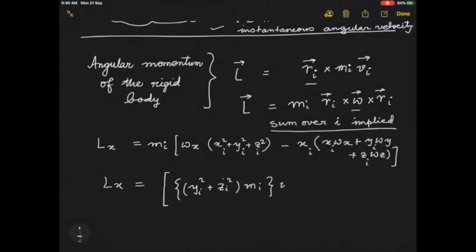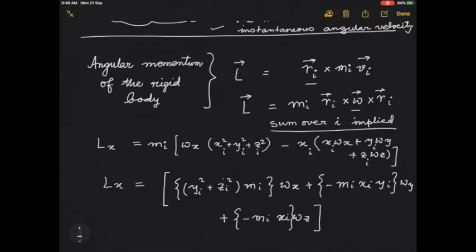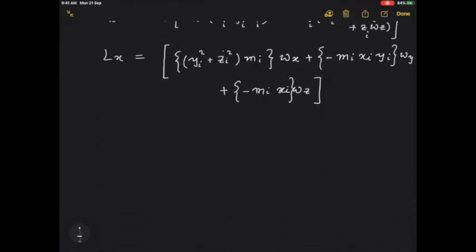So I have y_i squared plus z_i squared times m_i, this entire thing into omega x, plus, for omega y, I have minus m_i x_i y_i times omega y, plus minus m_i x_i z_i times omega z. Okay, so this is what is Lx.